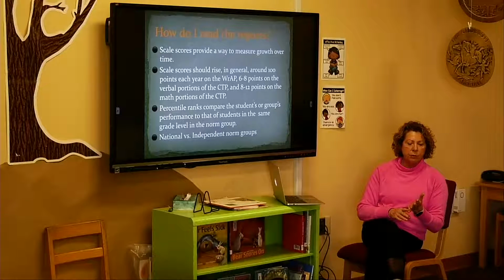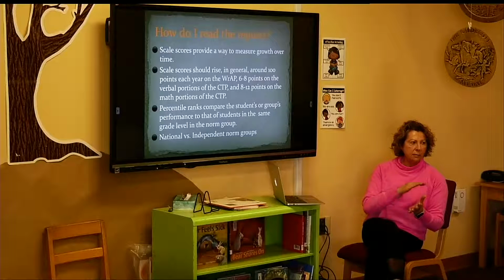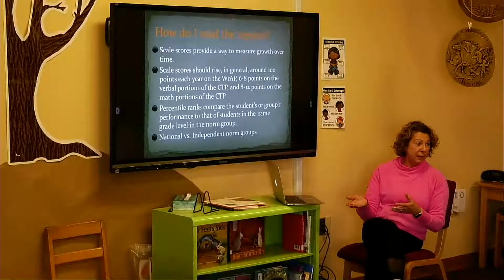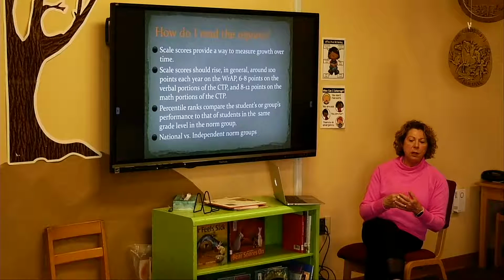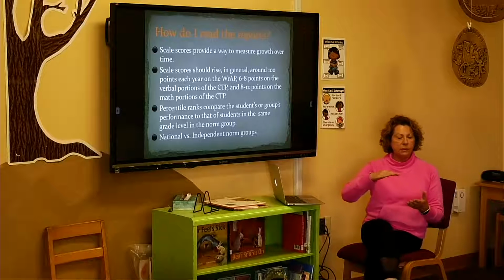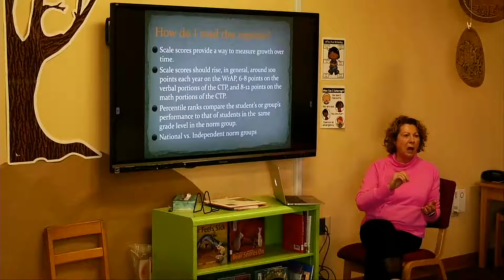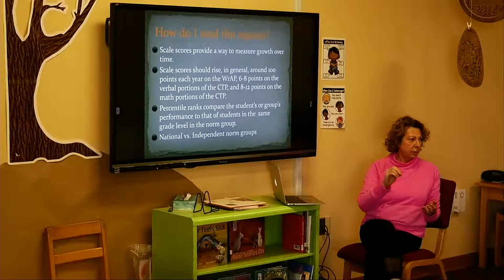So the national norm group would be kids in public schools that are given the ERB test for them to get a sampling. So that is generally a lower bar. So your child's score is going to be higher as compared to the national norm group.